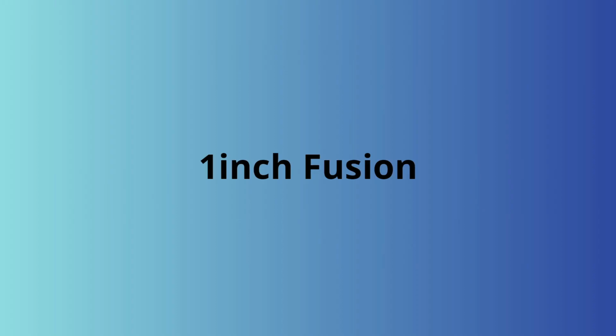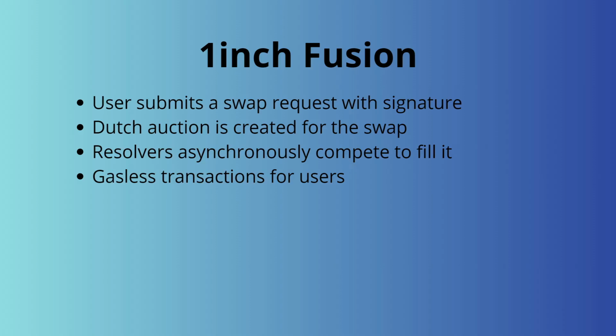Let's take an overview of the 1inch Fusion system. The main difference from the classic swap system is that in the classic swap everything happens on chain, while in 1inch Fusion the resolvers and the 1inch API operate off chain.